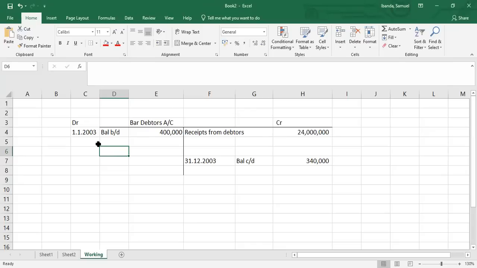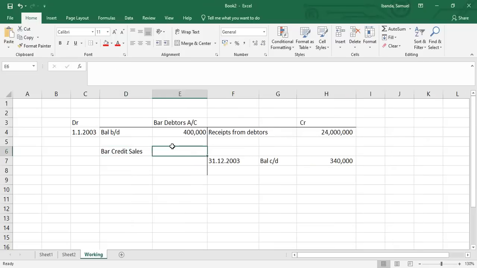And those are what I'll regard as my bar credit sales. The bar credit sales are the ones that came in to increase the debtors for us to be able to receive this 24 million plus, okay? So this is where the bar credit sales will be recorded because they increase our debtors.